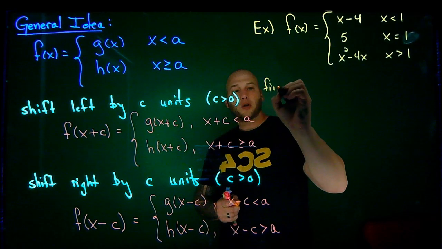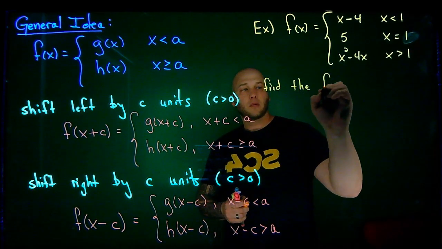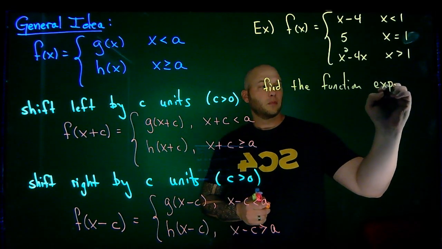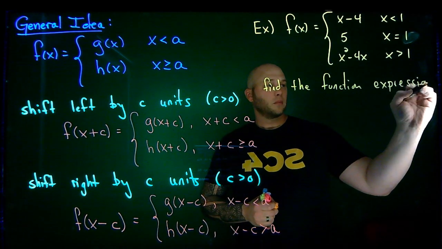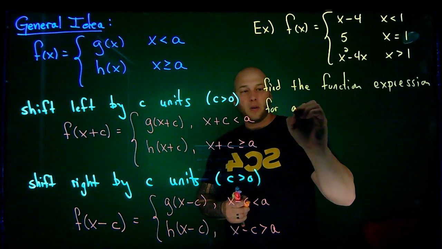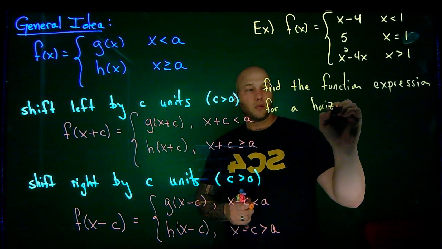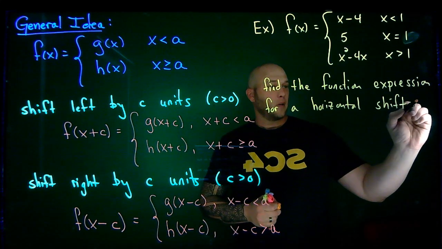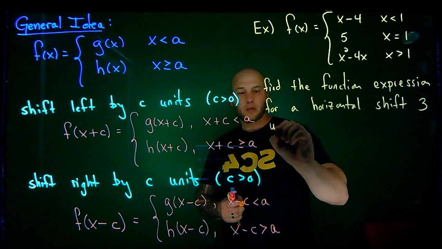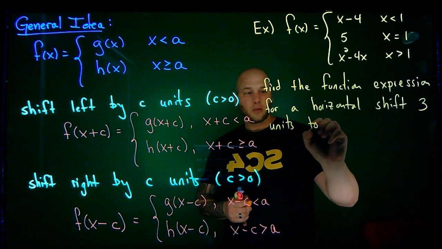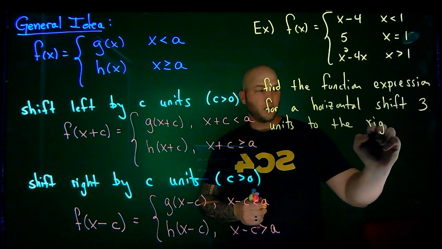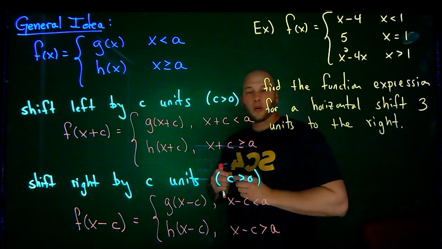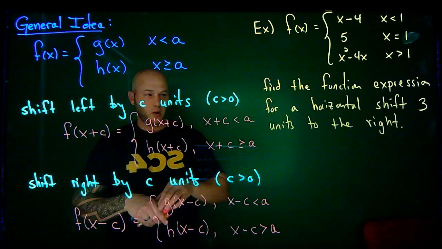Find the function expression for a horizontal shift 3 units to the right.